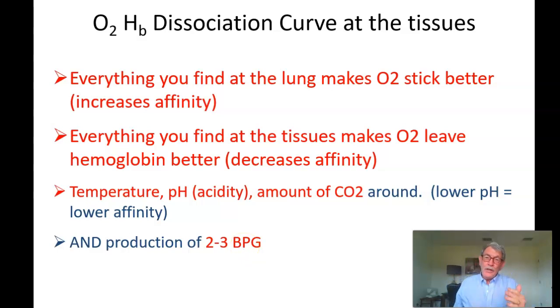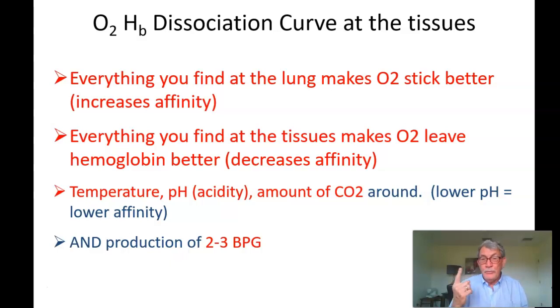So if you start working a muscle so hard that it's working anaerobically, it will make 2,3-BPG, and that makes the hemoglobin coming by let go better, so that tissue starts getting some oxygen. So every tissue that's working hard and needs more oxygen can ask for it by making 2,3-BPG just by the fact that it's working anaerobically.